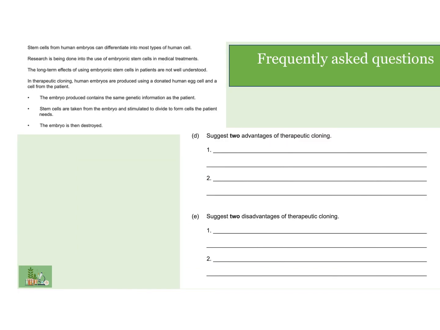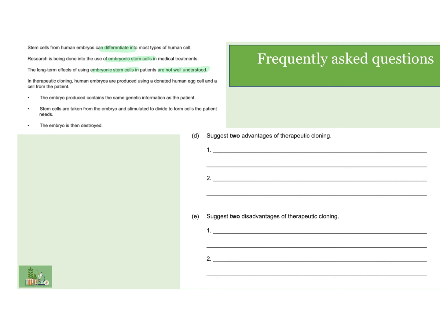Finally, a very common question that comes up is to evaluate therapeutic cloning. Make sure you read the content. Stem cells from human embryos can differentiate into any human cell. Research is being done into the use of embryonic stem cells in medical treatments. The long-term effects of using embryonic stem cells are not well understood.